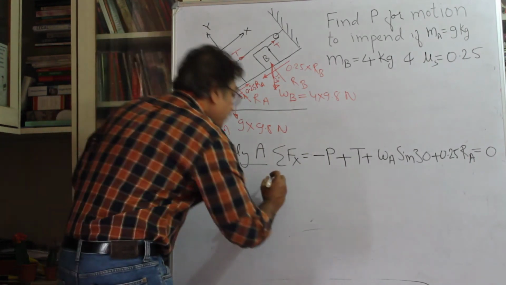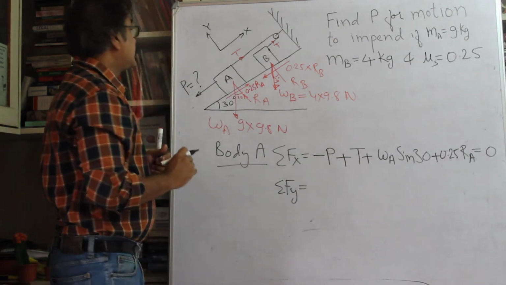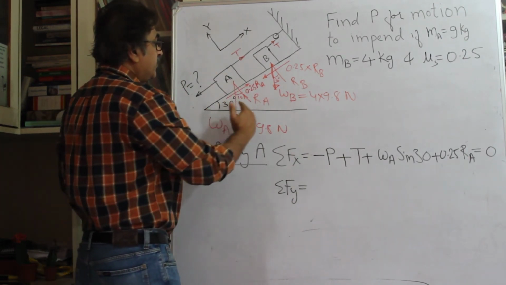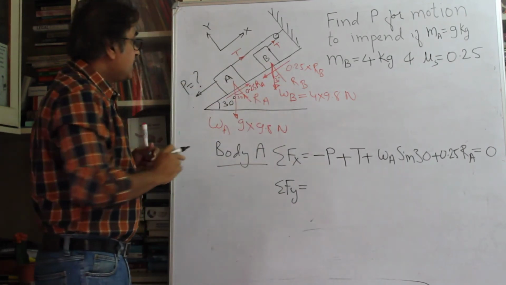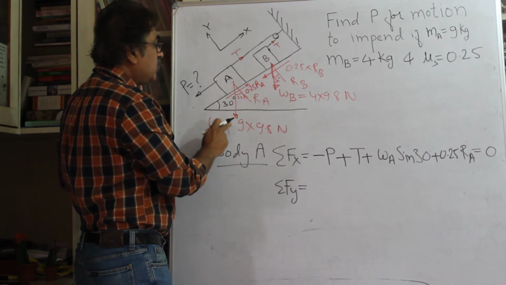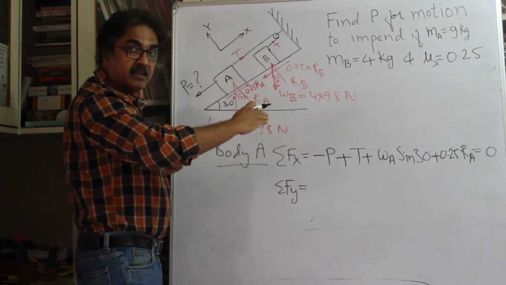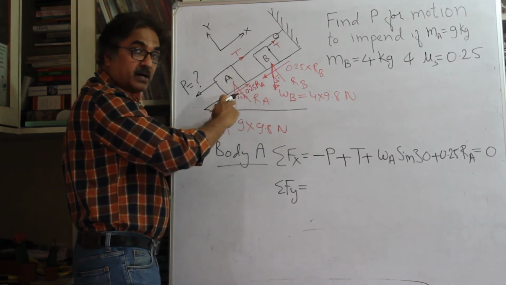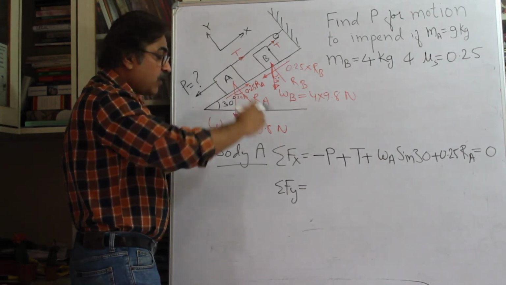Similarly, we find for the same body sigma Fy, right? Now see, in sigma Fy, y is in the sense perpendicular to this plane, okay? So you have this weight WA, and it will be resolved along the vertical line, right? So this is going to be W cos 30, and downward, right?